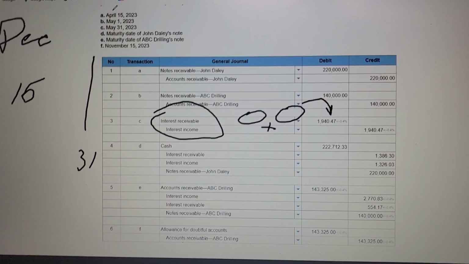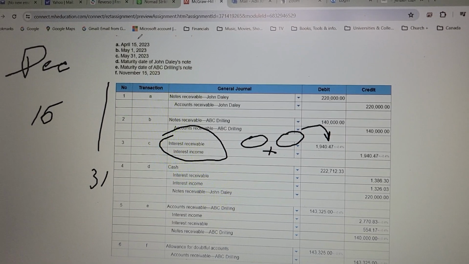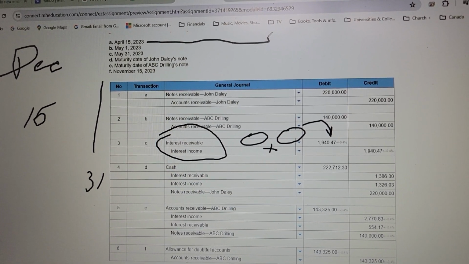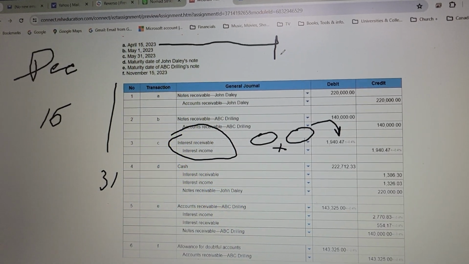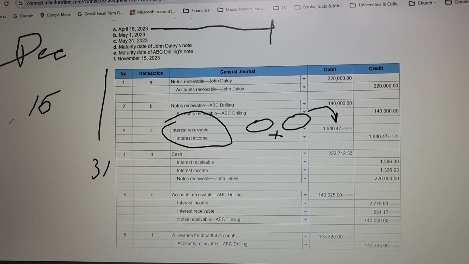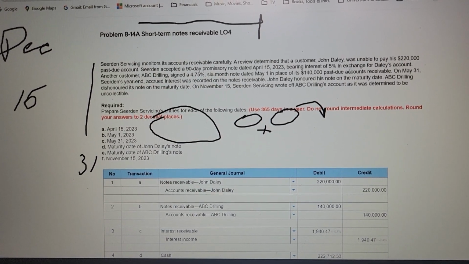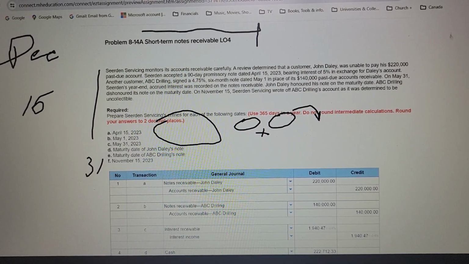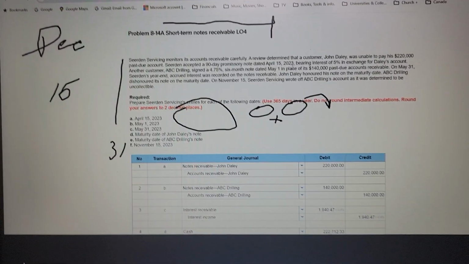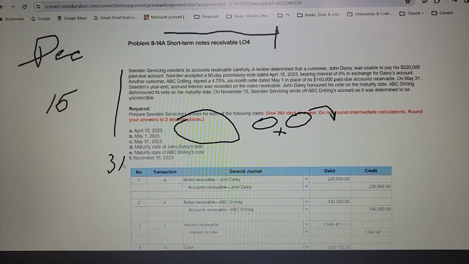See here? One from April. I don't know what the duration of this is? April 15 is 90 days, right?